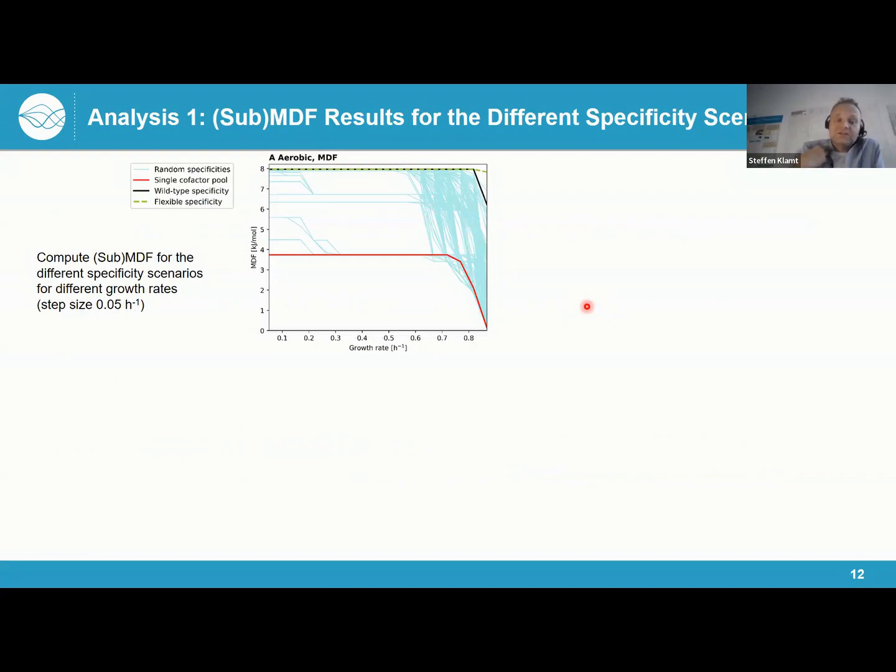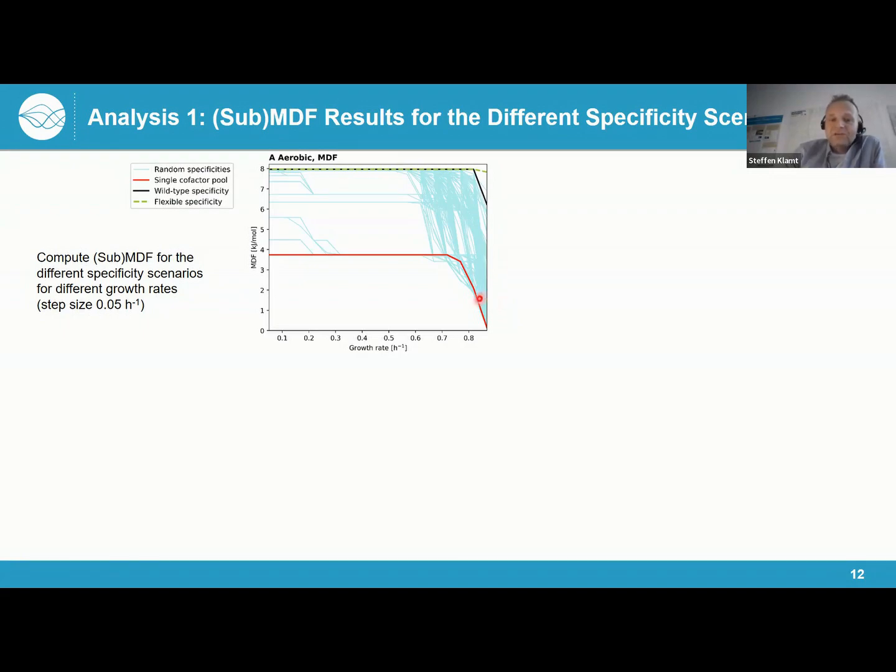So, and now we can finally start doing these calculations. So what we did is we looked at these 4 specificity scenarios, and we computed for each of them the resulting MDF, first for aerobic conditions, and importantly, we looked here at different growth rates with a step size of 0.05, because as you can see here, for the highest growth rate, we have only 1 or 2 pathways available that would enable or support maximal biomass synthesis.